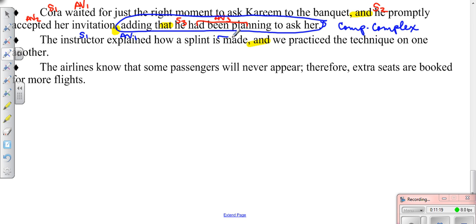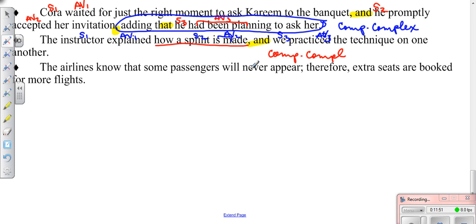Splint is made, here's an action verb with splint. Practiced, here's my third action verb. And we. Now, how a splint is made, can that stand alone? No. There's my subordinate. The instructor explained, independent, and we practiced, independent. This is compound complex.